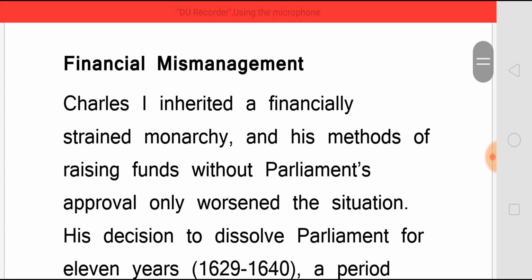And there was also financial mismanagement because Charles I inherited a financially strained monarchy. That is, when he came into power, there was less money in the treasury. And therefore, he started raising money through many methods. And this he did without the parliament's approval, and this only worsened the situation.